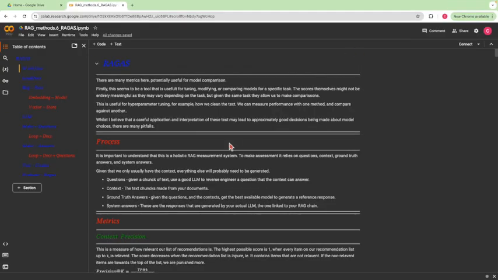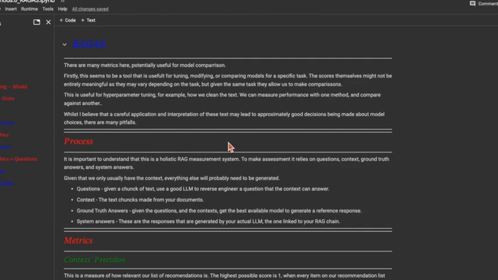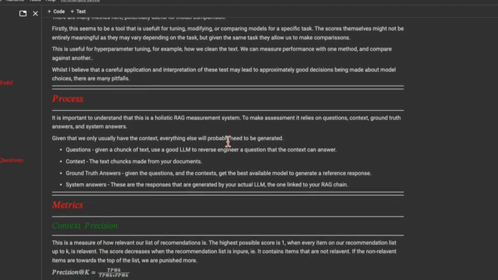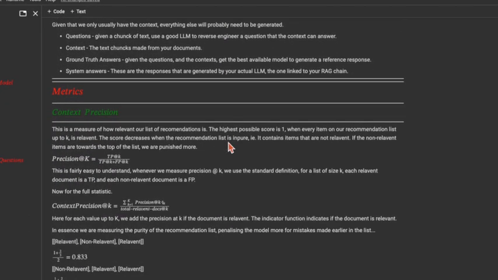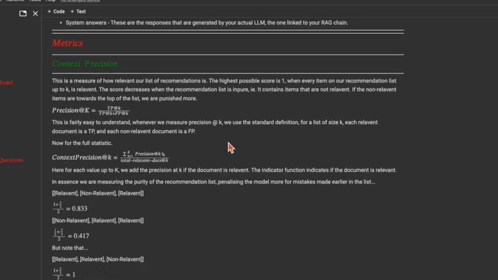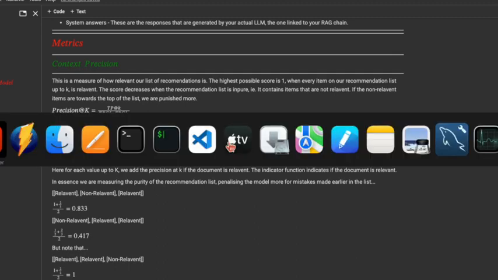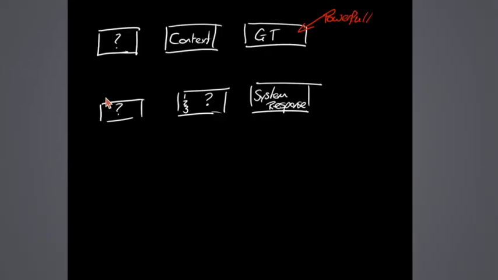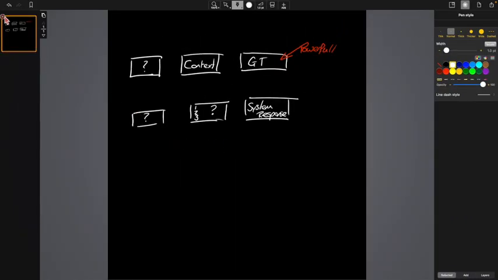So if we just head back into RAGAS and have a little look at some of the metrics which are available in RAGAS, this first one is context precision. There's this metric of precision at K, which is an important evaluation metric in RAG systems. So this is basically a take on that. And I'll just jump back in for a second to this little sketchpad.